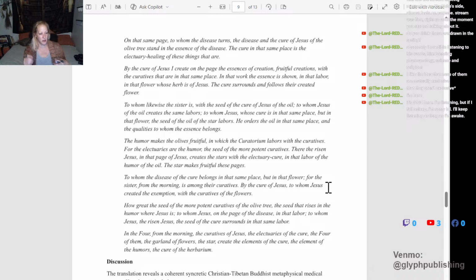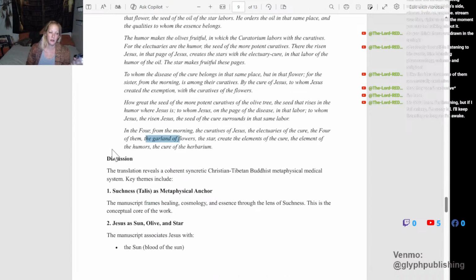But for whom Jesus, the risen, oh gosh, them, right? The four of them. The garland of flowers. This is the first time we see the word garland. Certi. The garland of flowers. The star creates the elements of the cure.